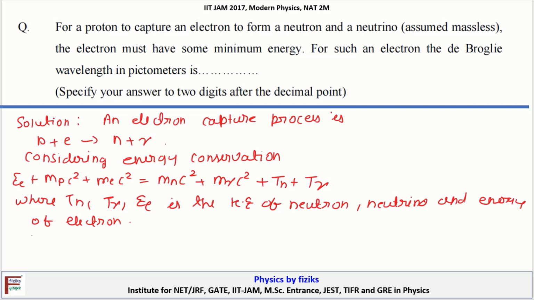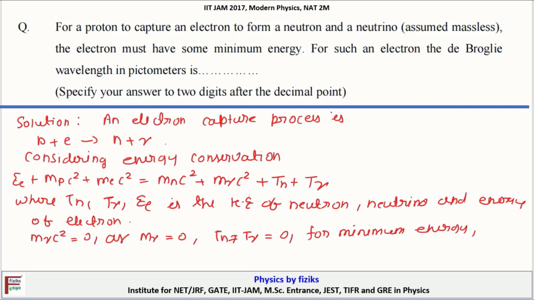Further, MνC² equals 0 as the neutrino is a massless particle. Tn and Tν must be 0 as we require minimum energy. And in this present scenario, we can neglect MeC² as it is very small, in MeV.